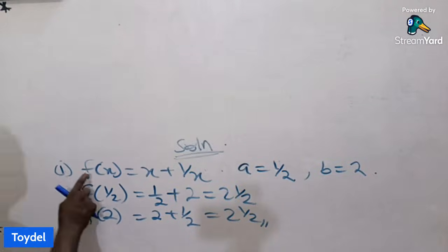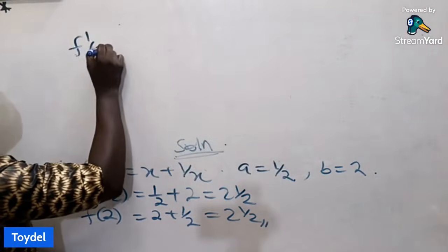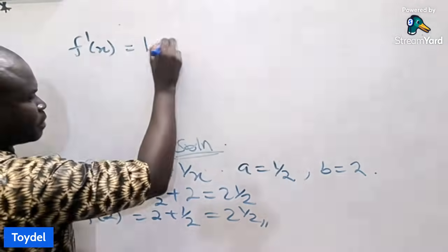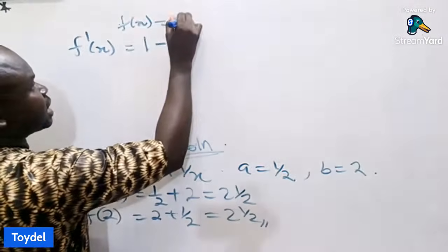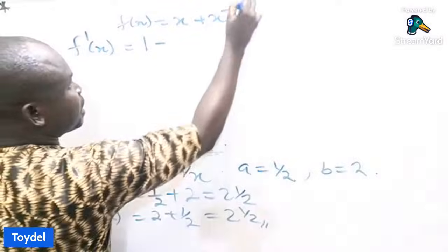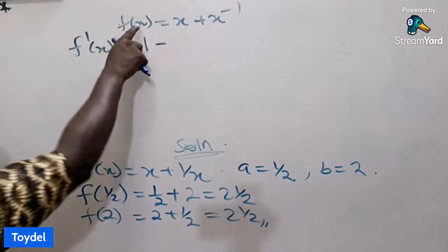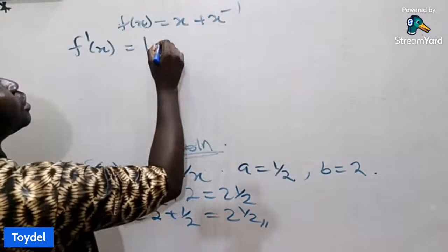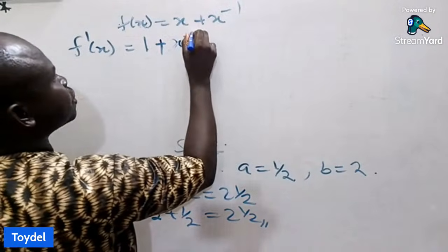Then if I differentiate f of x, I'm going to get f prime of x. Differentiation of x is equal to 1. Then f of x is the same thing as x plus x raised to the power minus 1. When I differentiate this, I'm going to get 1, then this power will come down, changes to plus, then minus 1, and I'm going to get x raised to the power minus 2.